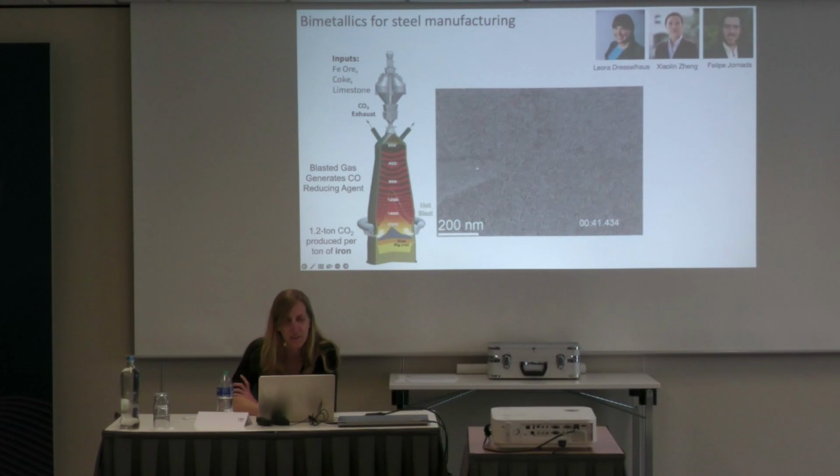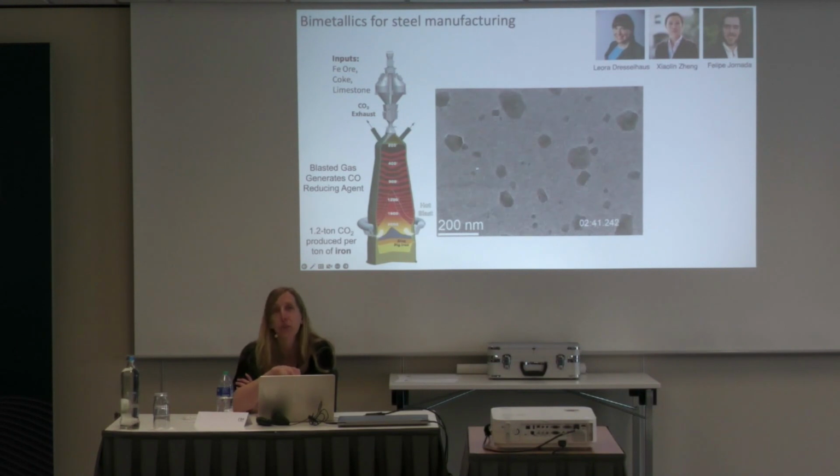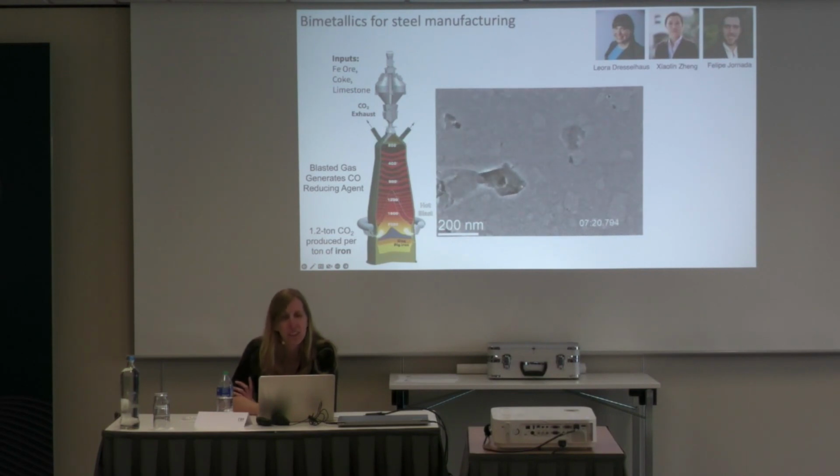So here we started looking at reduction of Fe3O4 with hydrogen and also with illumination. And you can see in this TEM video, we went from basically not seeing anything to now seeing these darker images that correspond to some of the pure metal that's being formed as this uphill reaction is occurring with illumination.